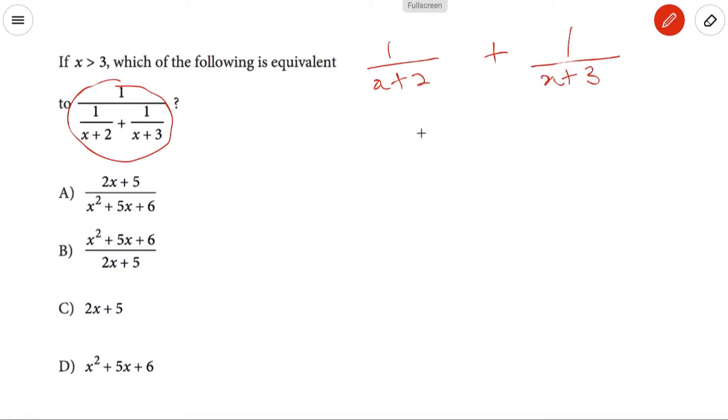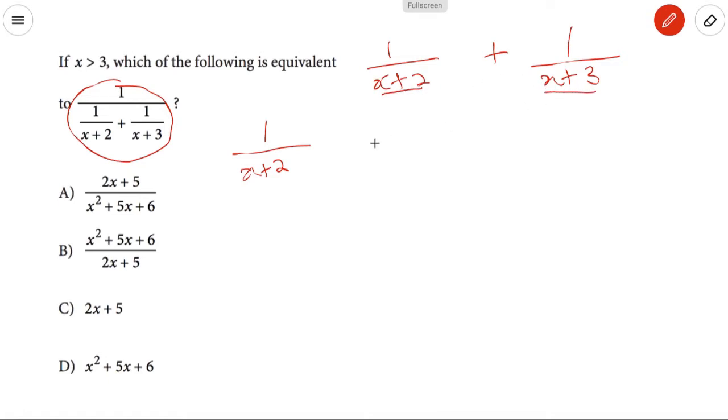Now, what we want is to have a common denominator for the fraction. To find a common denominator, you want to multiply both fractions by the product of their denominators. So this is the first denominator, and this is the second denominator.